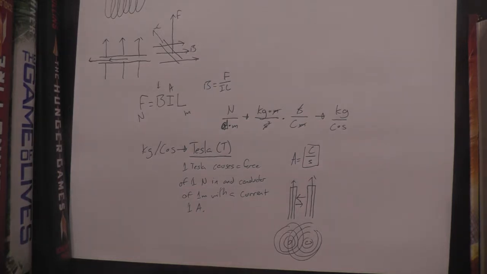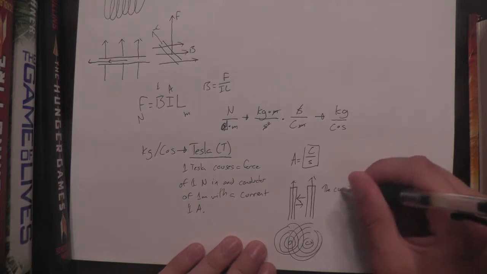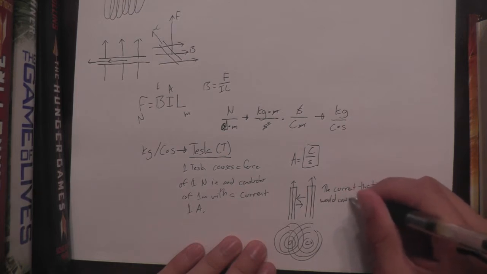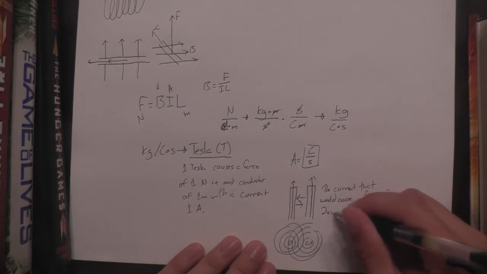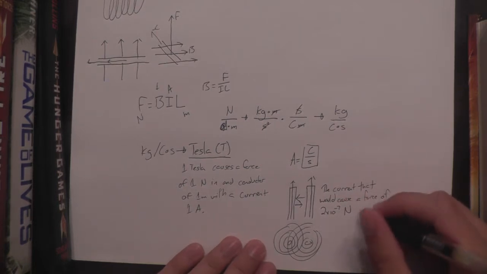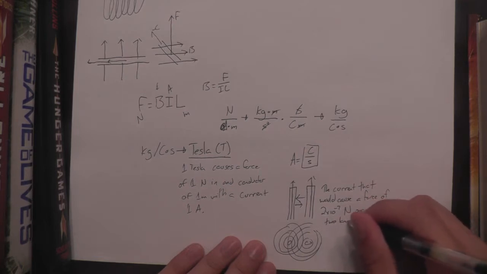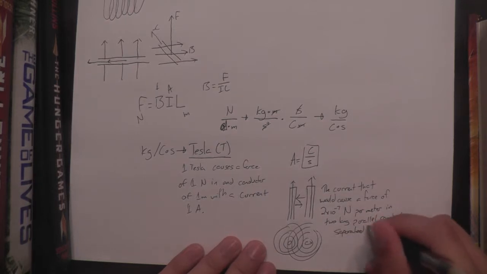So the ampere is defined as the current in either of these wires, the current that would cause a force of 2 times 10 to the negative 7 newtons. I know, it's kind of weird. Per meter in 2 long parallel conductors separated by 1 meter.